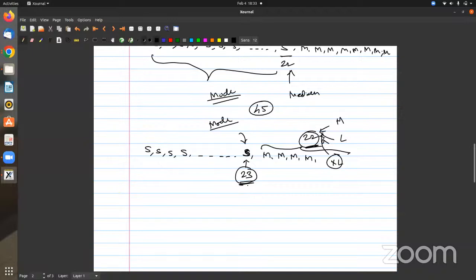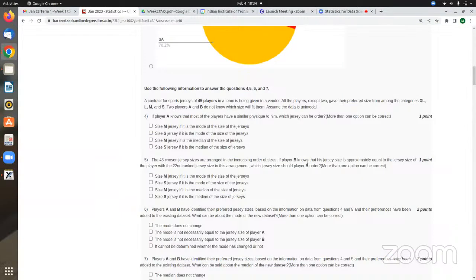So if I know small size jersey is the median, then definitely it will be the mode of this data set. You're understanding my point? Yes, sir. Got it. So that's why, if it is the median of the size of jerseys, it should be the correct answer.